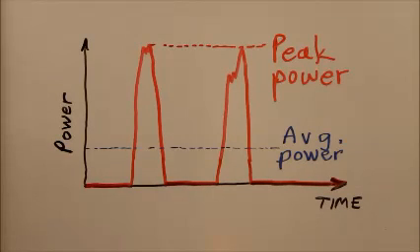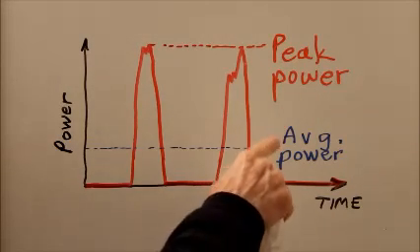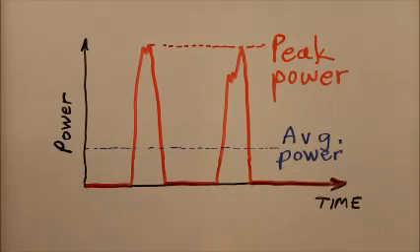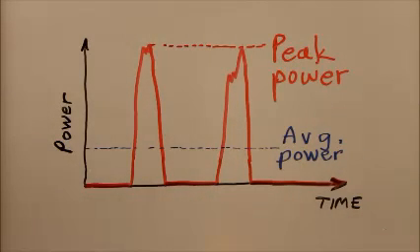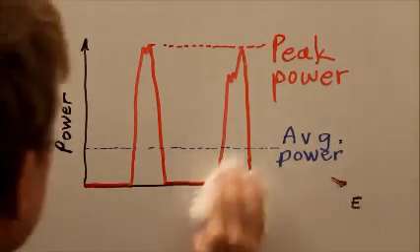This business is all discussed back on page 616, where you'll find a bunch of simple formulas for calculating the average power on the basis of the peak power or vice versa. But we need to know another quantity in order to find out the ratio between them, and that is the duty cycle.